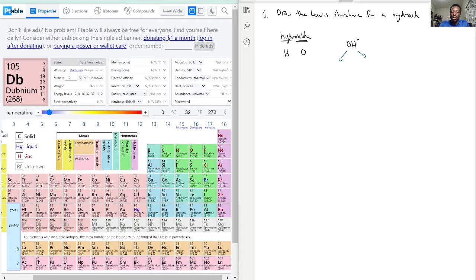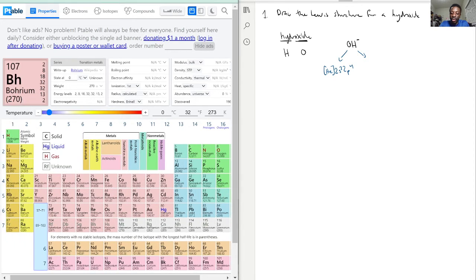If you wrote it in the shorthand form for noble gases, you will see that oxygen is helium 2s2 2p4. And hydrogen, because it's literally the first element, will just be 1s1. So because of this, we know that oxygen can give, based on the superscripts, in total 6 electrons, and based on the superscripts, hydrogen is going to be 1.